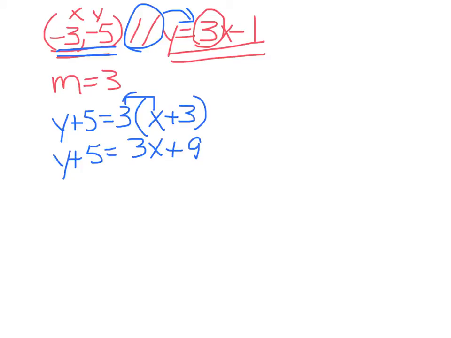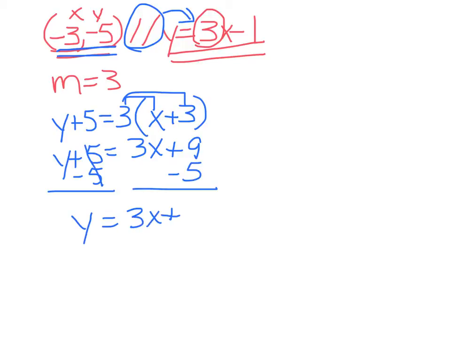We distributed to get 3x + 9. Now we subtract 5 from both sides, and you have y = 3x + 4. Remember, it had to have the same slope. Here's our slope, and it's the same slope as that right there, so it's all good.